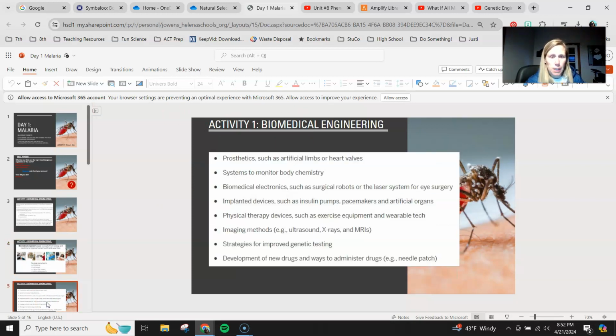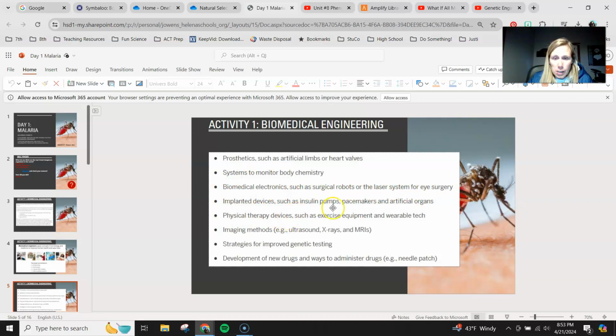Okay, some other things that a biomedical engineer might look at are prosthetics, such as artificial limbs or even heart valves, and systems to monitor body chemistry. So if you have ever been to the doctor where they put the little thing to pinch your finger that measures your oxygen sats, that would be something like that potentially. Biomedical electronics such as surgical robots or the laser system for eye surgery.